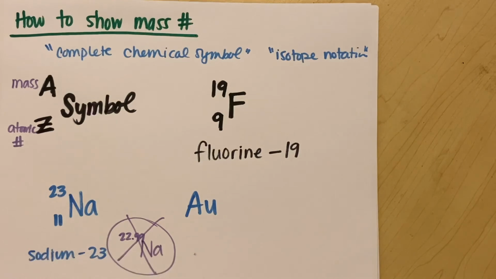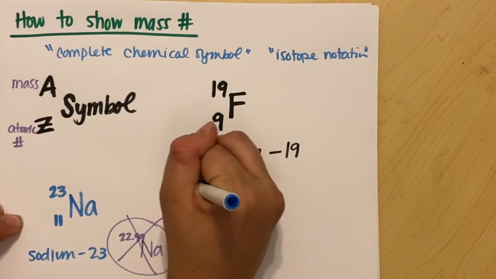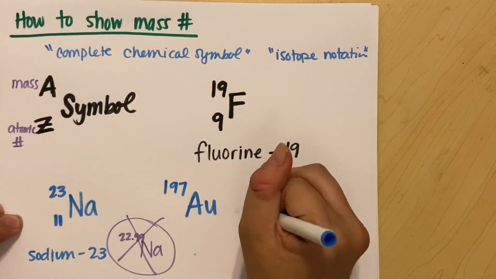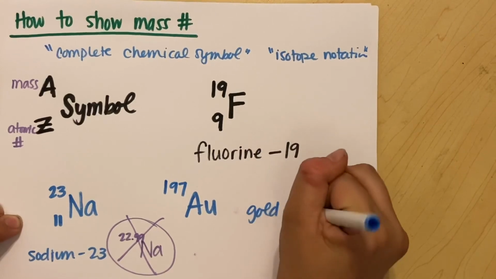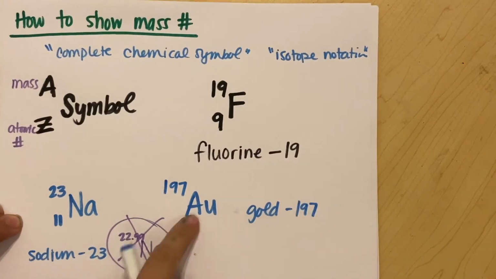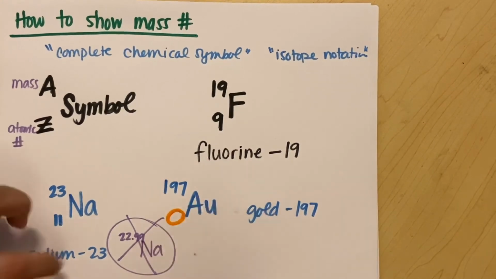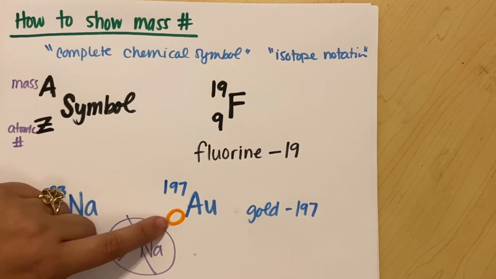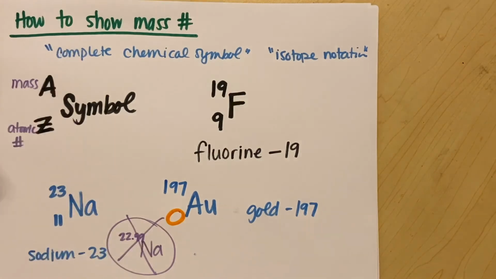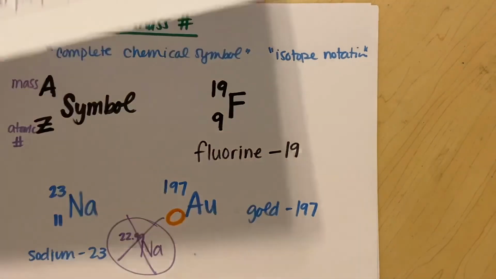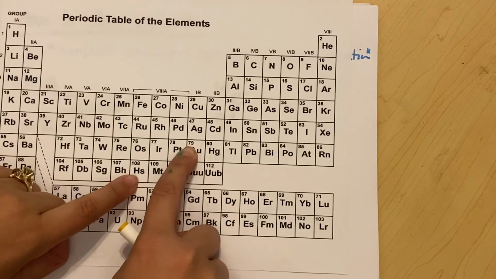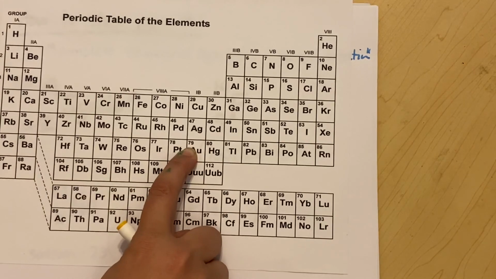Okay, so you might have gold 197. Gold 197, all right, and this would show it. Oh, see, so sometimes we don't even put the atomic number at the bottom here because it's implied. Gold has to be atomic number 79. That's how it's defined.